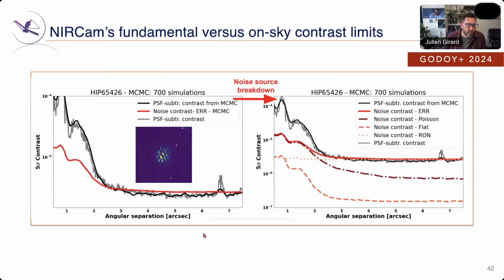Since then, we know that what limits us is really the background and or the readout noise. And so Nicolas Godoy has done this SPIE paper where he shows what limits you for several data sets. He does Monte Carlo simulations and tries to reproduce each part of the contrast curve.